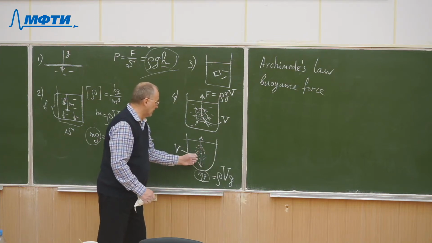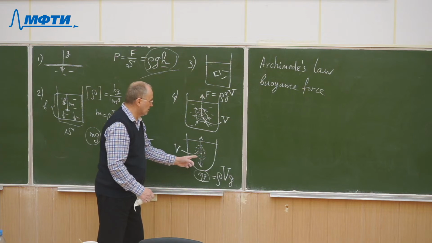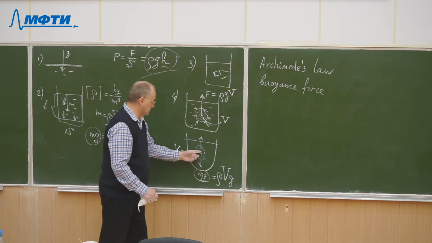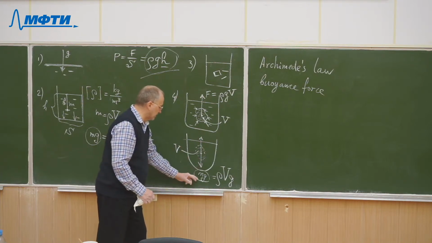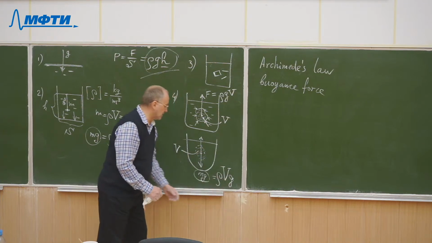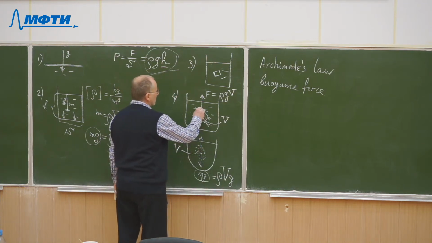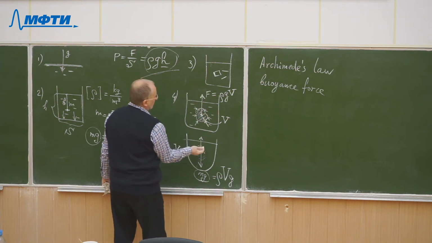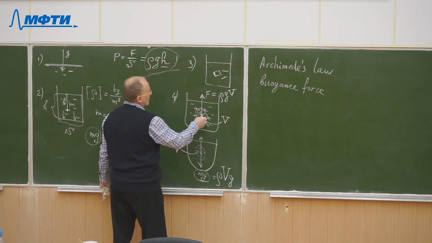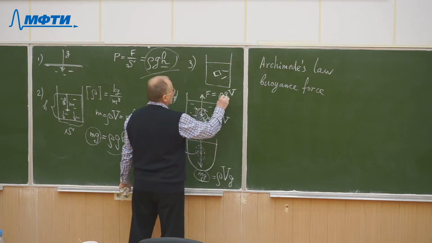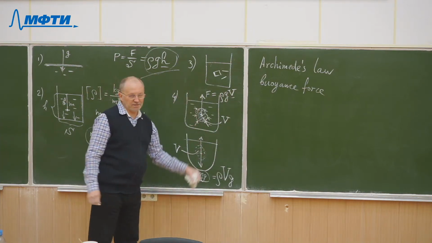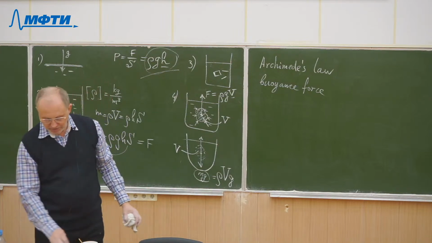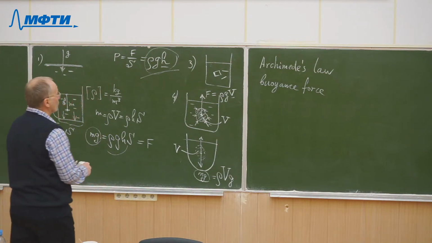And the forces of pressure can easily be calculated, because all this force of buoyancy is balancing the weight of the liquid, and the weight of the liquid can easily be calculated. So whatever solid body we put inside the liquid, there will be a buoyancy force acting on this body by the surrounding liquid, and it can easily be calculated if we know the density of liquid and the volume of the body immersed into liquid. So that is the Archimedes law.